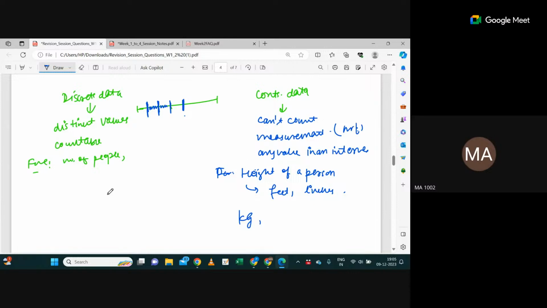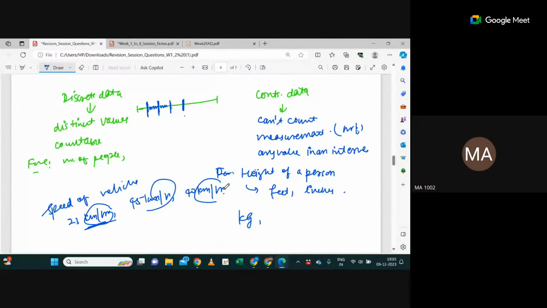Continuous. Why? Suppose I'm saying the speed of a vehicle is 23 kilometers per hour. You have given the data set 45 kilometers per hour, and let's say 40 kilometers. Is this discrete or continuous? Still continuous, because we have to measure the speed in kilometers per hour, right? We can't count the speed.